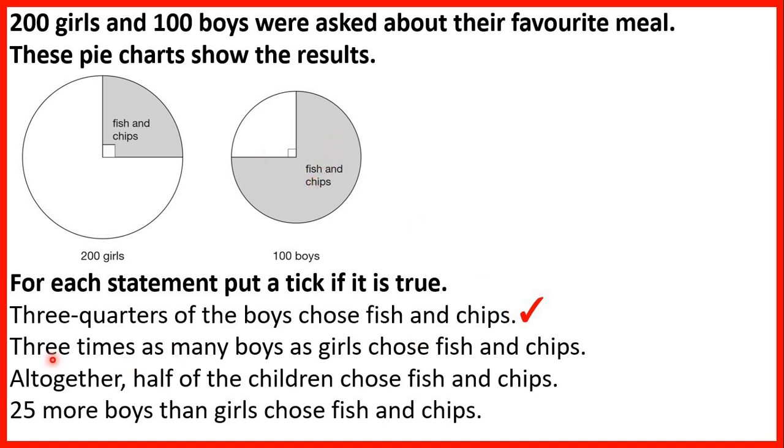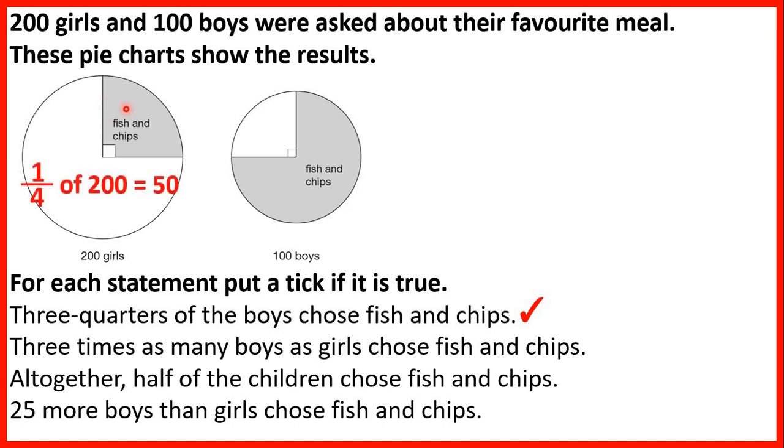Now we have the statement 3 times as many boys as girls chose fish and chips. So we can work out how many girls and how many boys chose fish and chips and see if the number is 3 times as large for boys as girls. Notice it says 3 times as many boys, so we need to find the number. Just because the amount of the pie chart shaded for fish and chips is 3 times larger, that does not mean 3 times as many, because we only have 100 boys, but we have 200 girls.